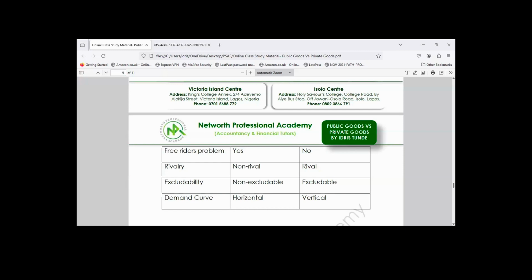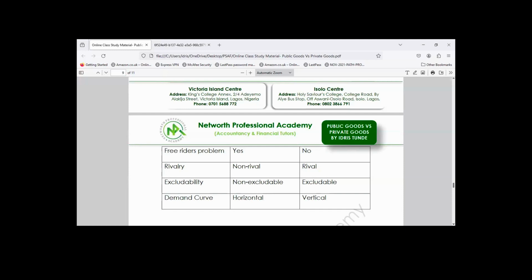The demand curve for public good is horizontal, while the demand curve for private good is vertical. Horizontal means the demand will remain the same. With an increase in the price of the public good, the demand will still remain the same. With a reduction in price, the demand still remains the same.